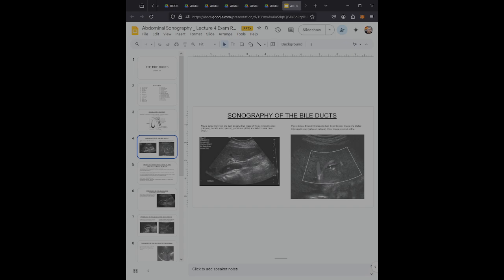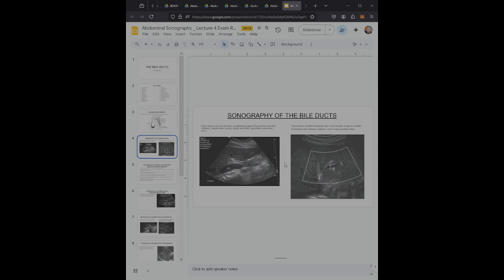Intrahepatic ducts are considered dilated if they exceed 2 millimeters in diameter. Whenever we're placing calipers to measure the duct, we should measure from inner wall to inner wall. Now remember, the shotgun sign or the parallel tube sign describes the enlargement of the common duct to the size of the adjacent portal vein within the porta hepatis.